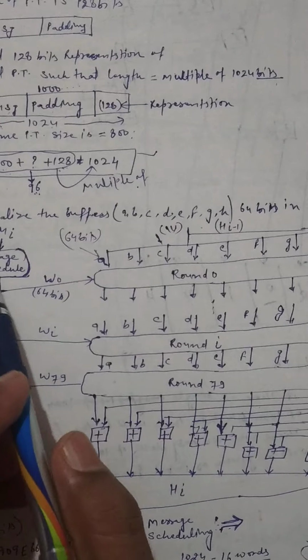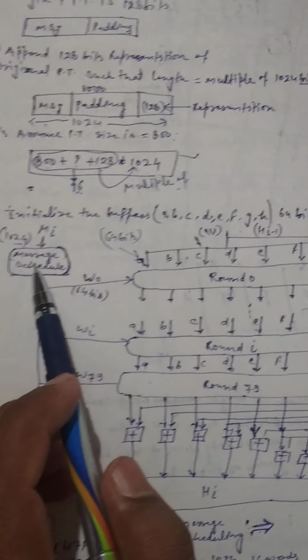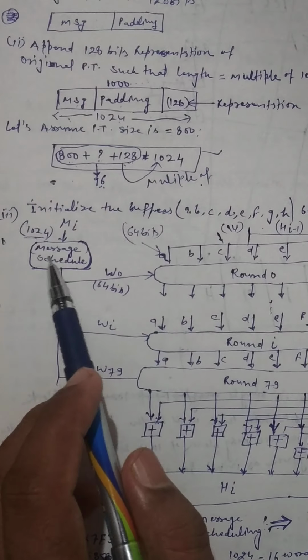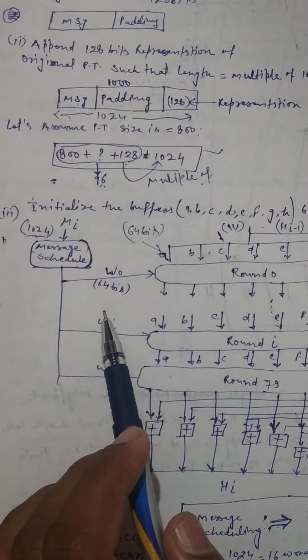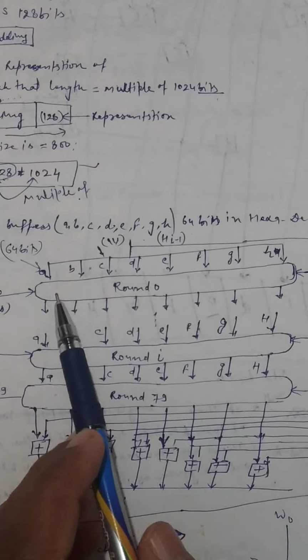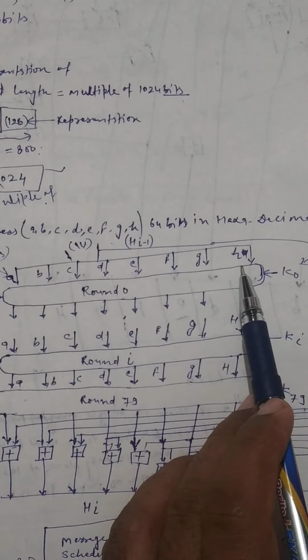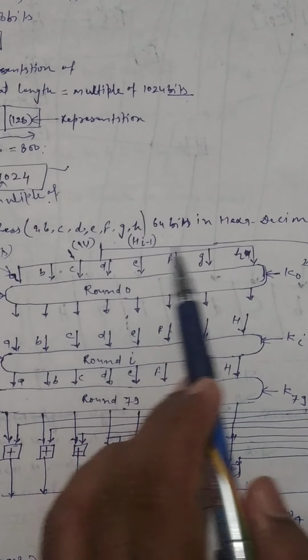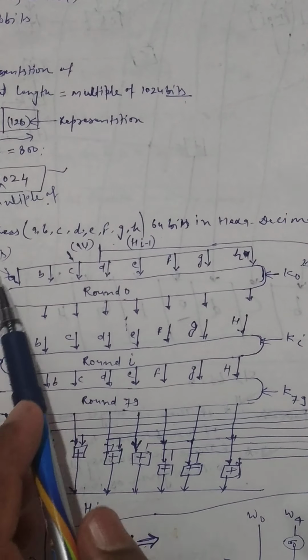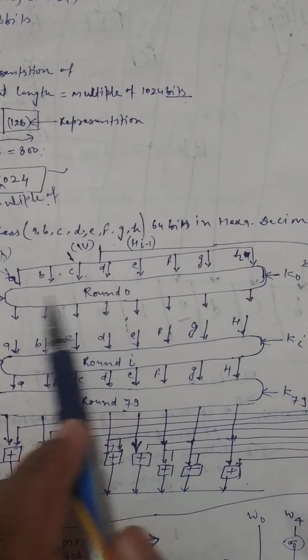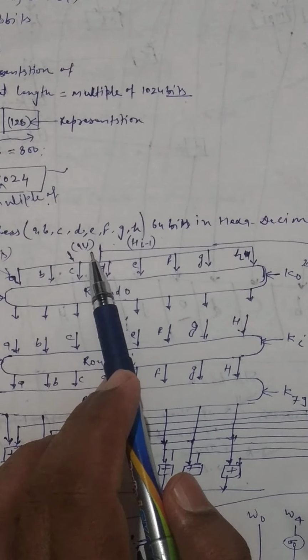Now my message size is 1024. This is my message. We are doing some message scheduling over here, and we have taken 8 registers A B C D E F G H, and we take hexadecimal values to initialize them. All these values are known as the initialization vector.